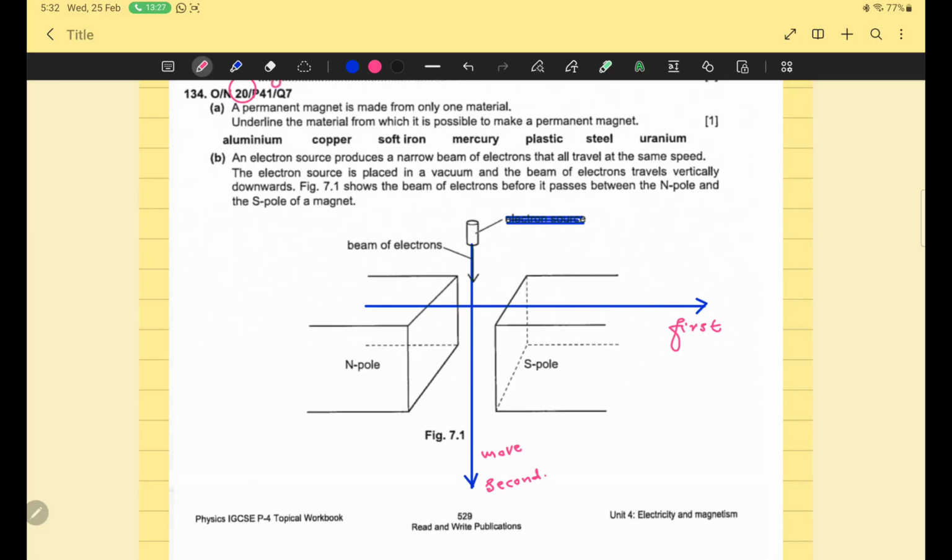You are right. So my thumb is pointing out of the screen. But this is outward for positive particles, and this is a negative particle. If it is a negative particle, then obviously the direction of magnetic force will be opposite. And opposite means it will be behind the screen.